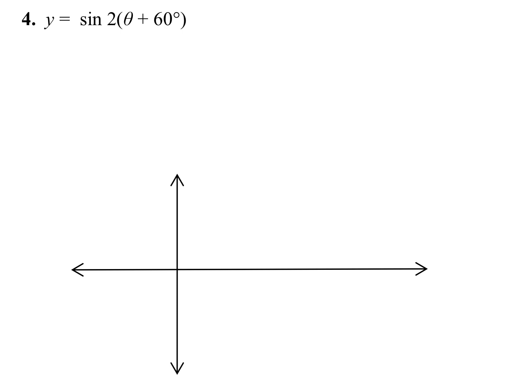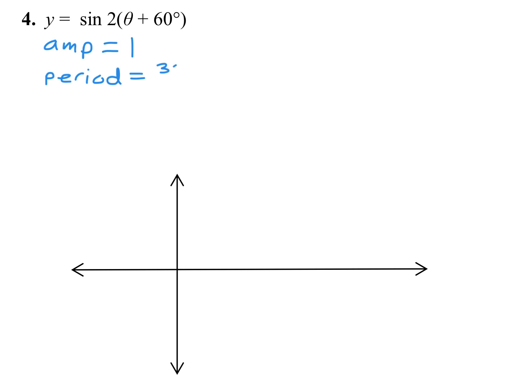Let's start number 4 with the amplitude. So again, only sine and cosine have an amplitude. It's the absolute value of the number you see in front of sine or cosine. All right, then we need our period. So it's 360 divided by what we see in front of theta.